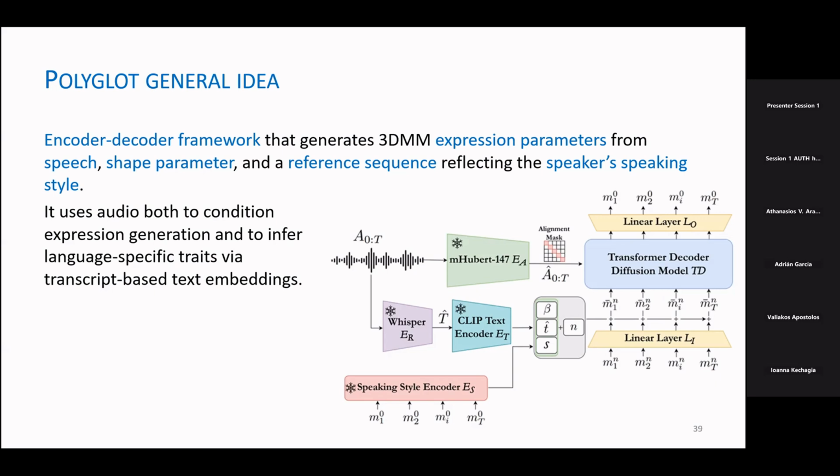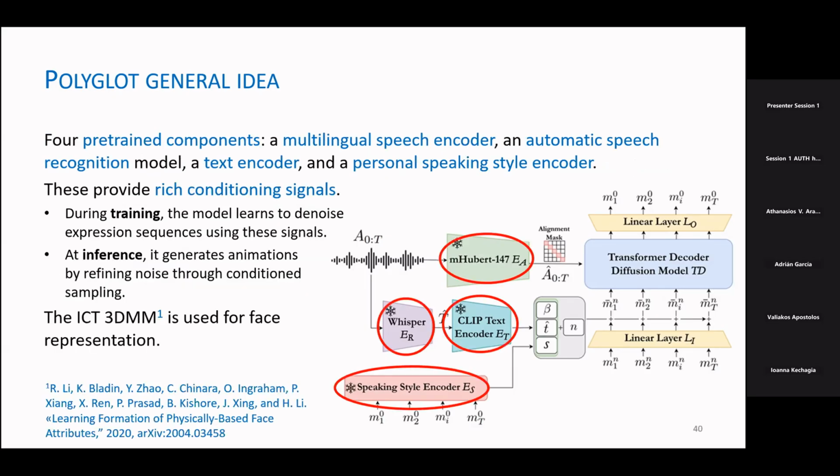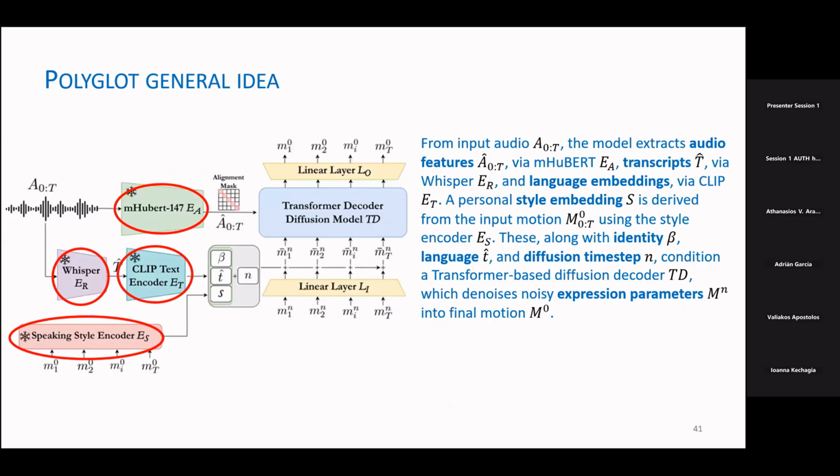So starting from these three inputs, it is capable of generating a sequence that tries to keep into account the language and also the specific style of a given person. Okay, so more or less the summary of the way this network works is what I just mentioned.